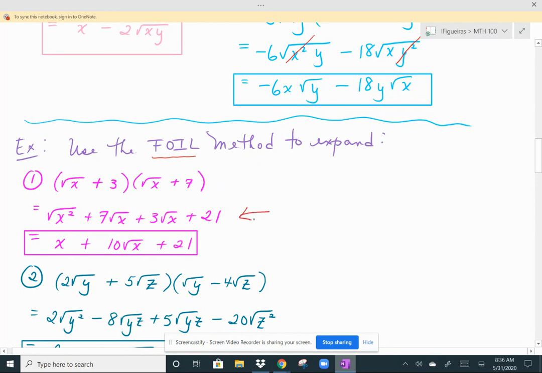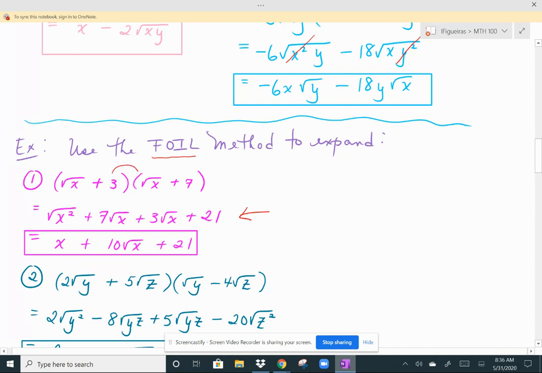So first term, root x and root x gives me root x squared. Outer, root x and 7, so these are the ones furthest apart, root x and 7 gives me 7 root x. Now we're on inner, those are the ones that are closest to each other, that's 3 times root x.